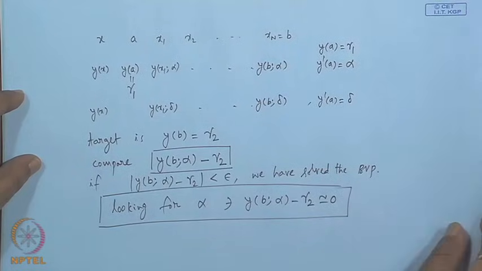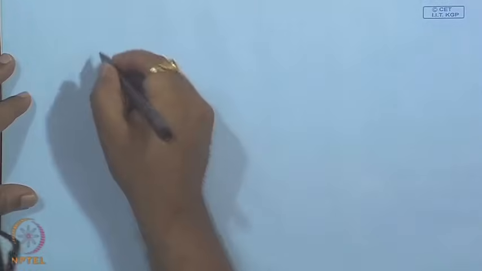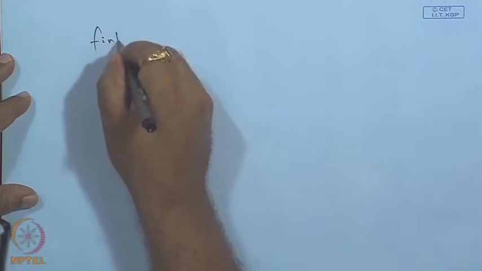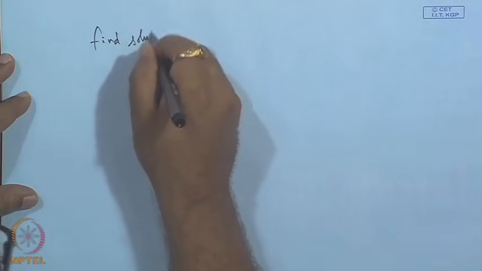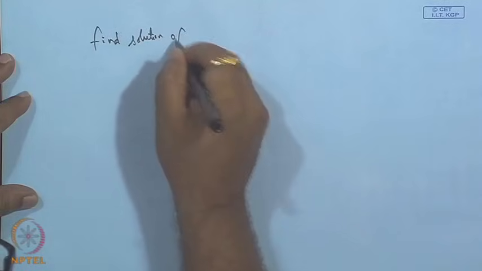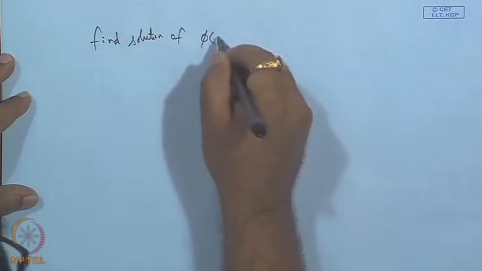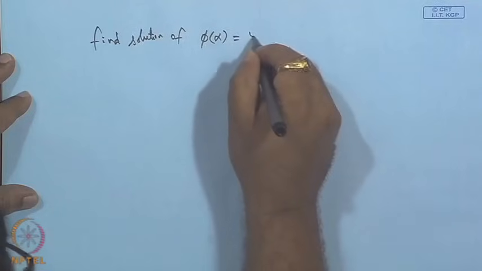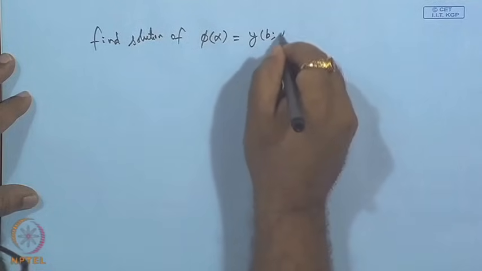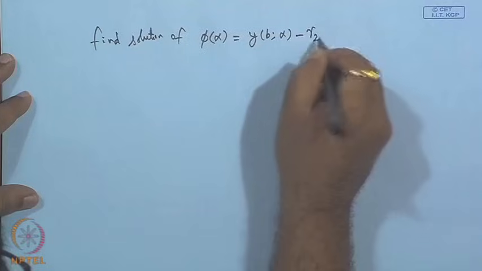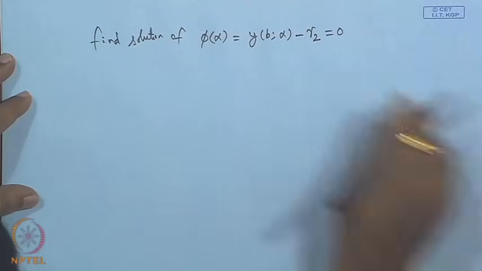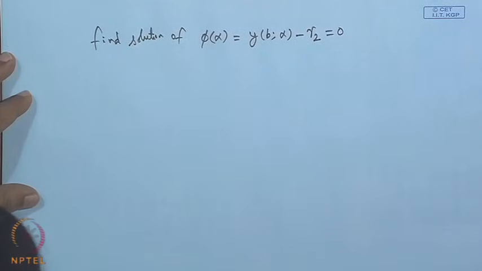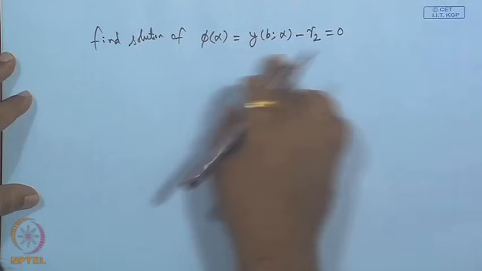That means we need to find the solution of, say we define phi of alpha equals this.